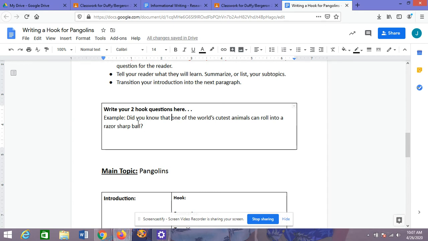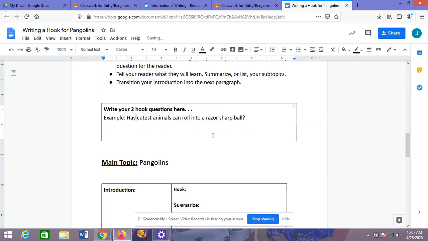So I like that one. Did you know that one of the world's cutest animals can roll into a razor sharp ball? Or you know what? I'm even going to change that a little further, because the fact that I think it's one of the world's cutest animals, that's an opinion, and you can include an opinion with a factual statement. But how about this?